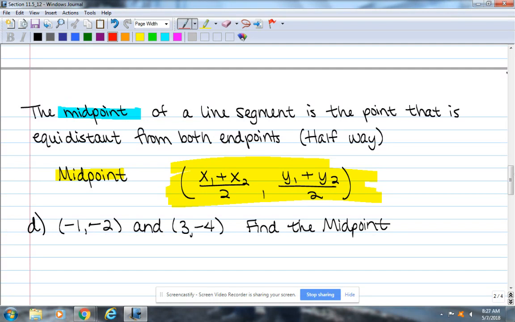Whatever the length is from you to one thing, it's the same length as you are to the other thing. So a very, very, very important geometry concept will come from the definition of a midpoint. My whole goal in teaching you this lesson is to get some geometry correlation things going on.